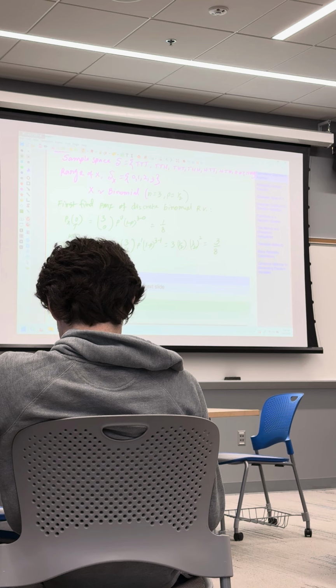So it is going to be 3, and then p is 1 half, and then 1 minus p is 1 half, and then 3 minus 1 is 2. So again, it is going to be 3 over 8.